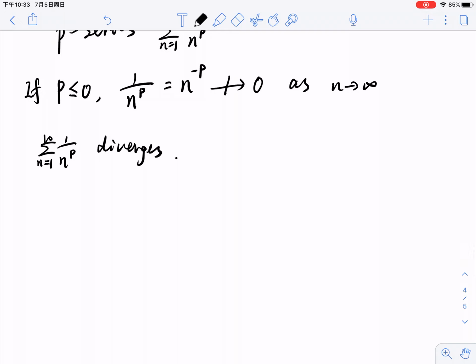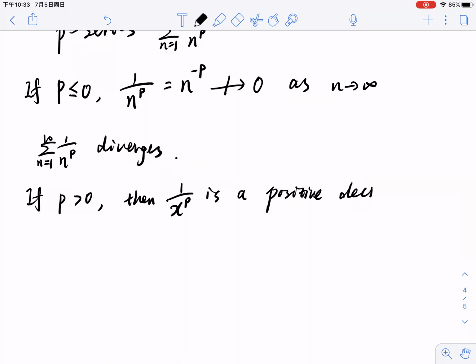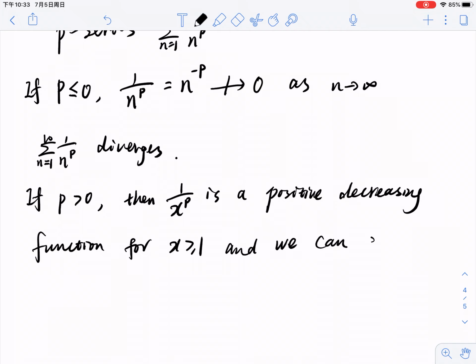On the other hand, if p is positive, then 1 over x to the power p is a positive decreasing function for x greater than or equal to 1, and we can apply the integral test.